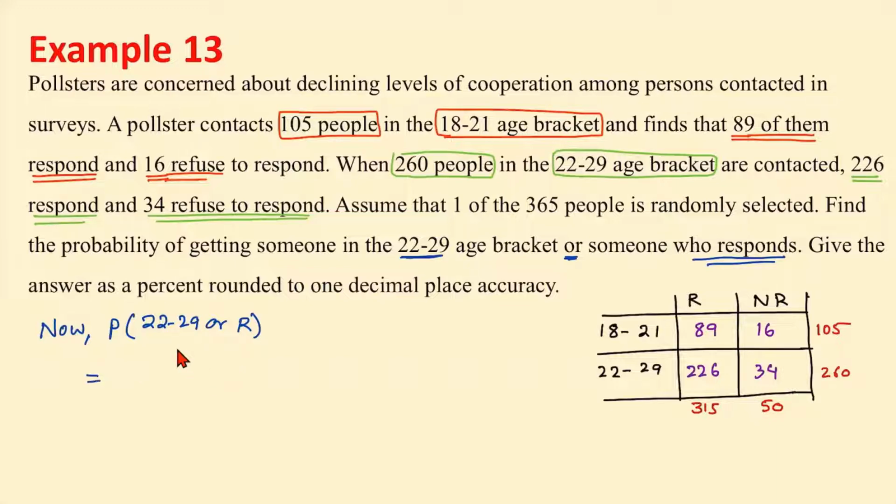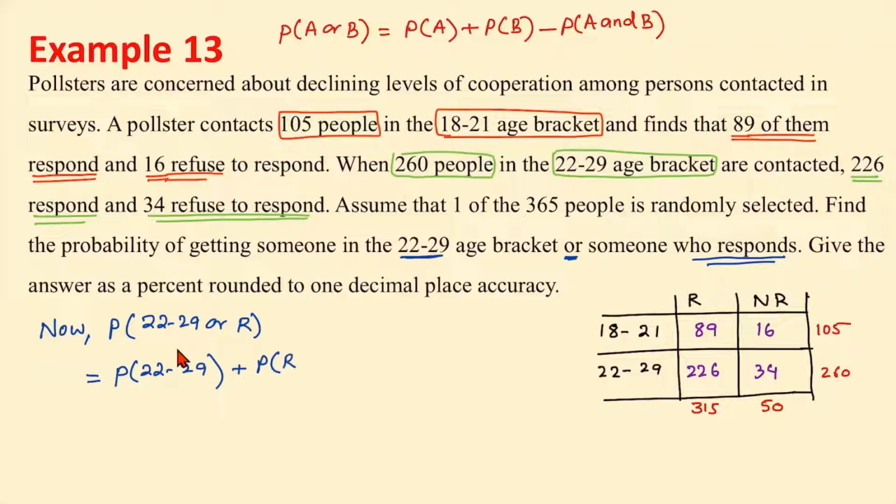If you remember, the addition rule says the probability of A or B is the probability of A plus the probability of B minus the probability of A and B. So we write the formula the same way: probability of 22 to 29, plus probability that someone responded, minus the probability that someone is in the age group 22 to 29 and also responded.